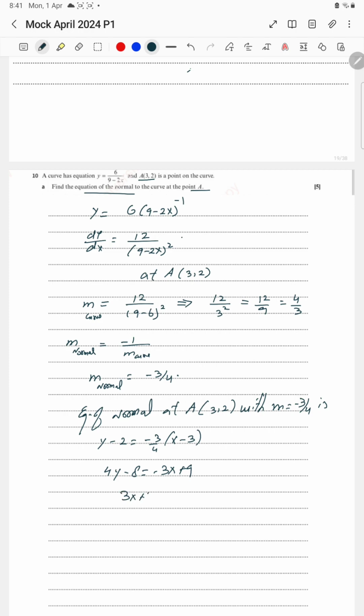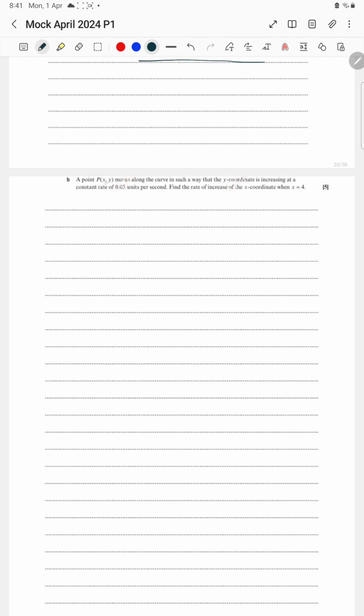So 3x plus 4y equal to 17. This is the final result. I hope it's clear. Part B says a point P(x, y) moves along the curve such that the x coordinate is increasing. So it means dx by dt is a constant rate of 0.05 units per second.